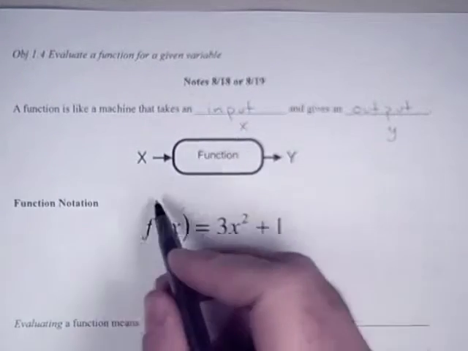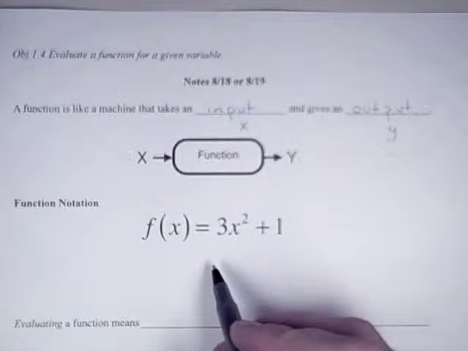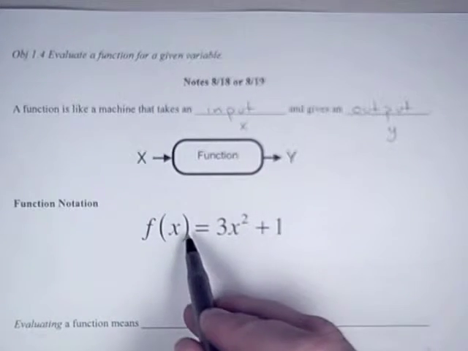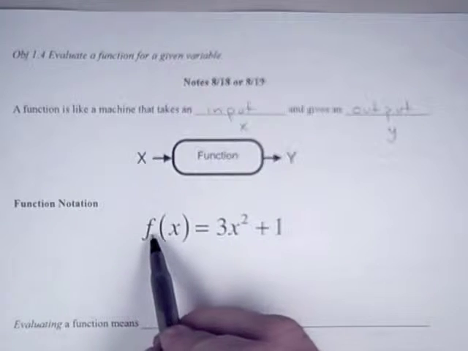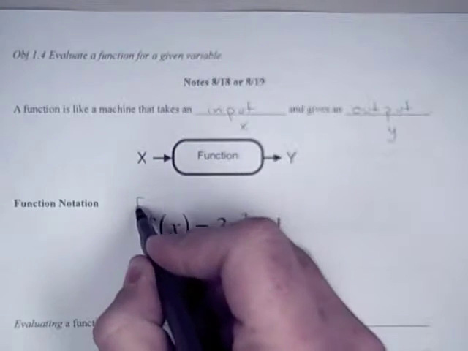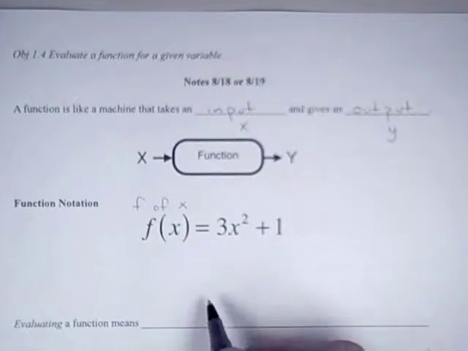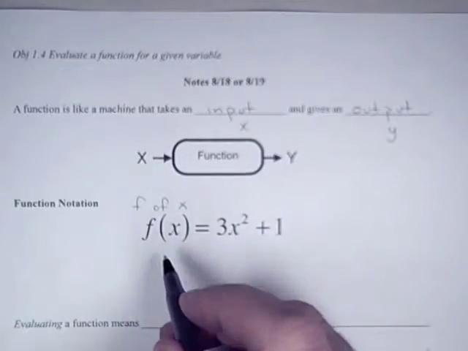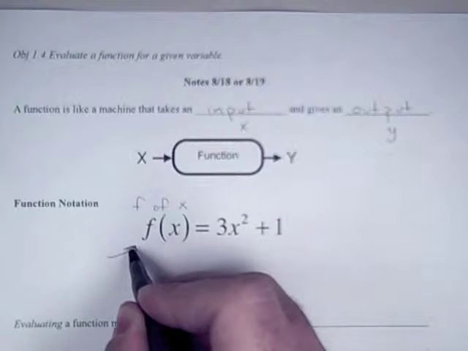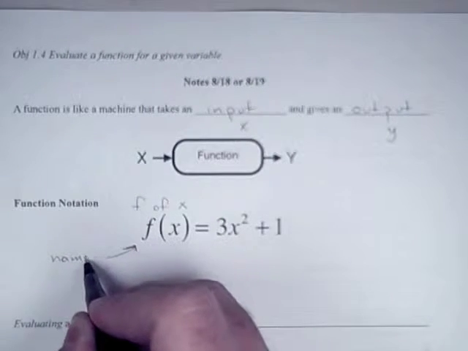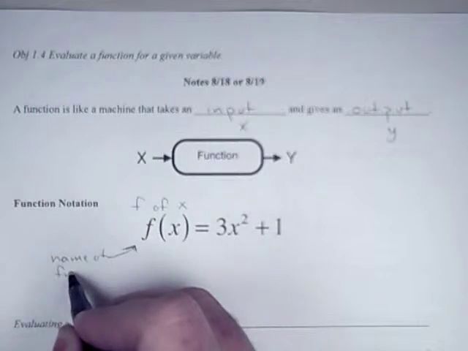This is a function. Normally you'd see a y here, but instead we have this right here. And the way we pronounce this is f of x. F of x. And this right here tells us that this function is named f. So that's the name of the function.